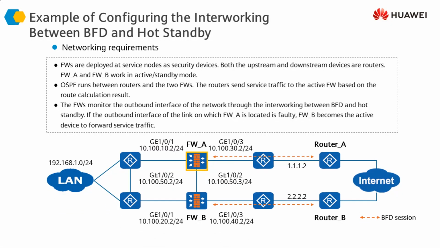Looking at one of the scenarios, this firewall is checking the connectivity with a particular device, in this case router A, and these two devices are exchanging BFD messages with each other. If the BFD messages are being exchanged, then the BFD status would be up.